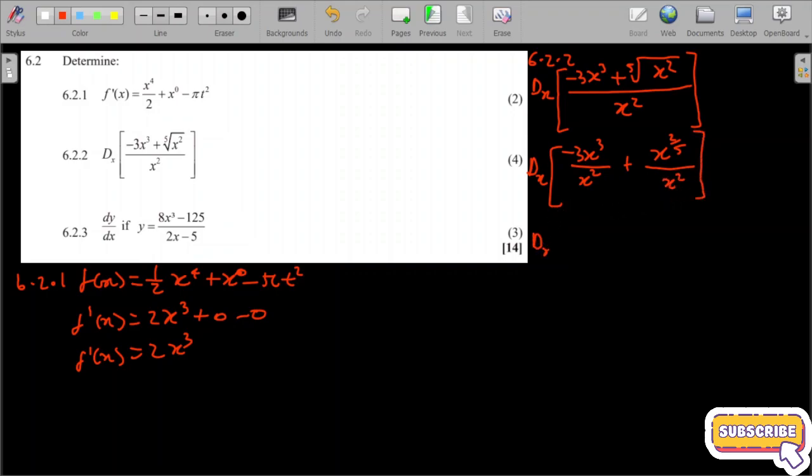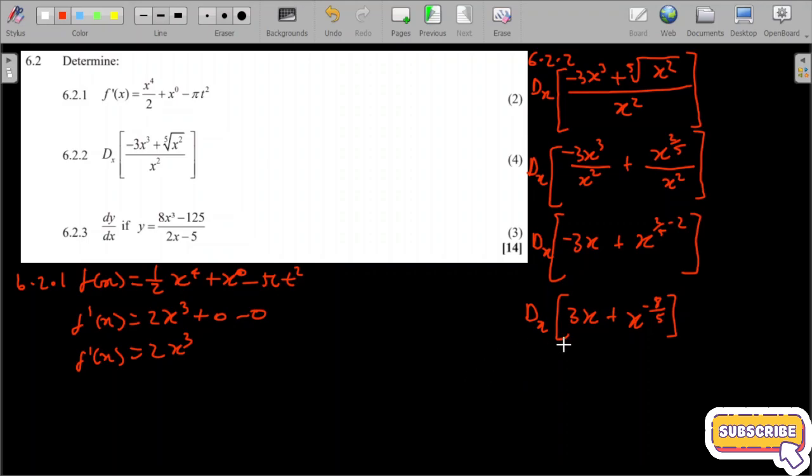Then from here, my derivative is going to use the exponent rule where this x cubed is going to subtract the 2 of this, so you're going to be left with negative 3x. Then from here it's going to be plus x to the 2 over 5 minus 2 in terms of the power rule of the exponent, and then it's going to be negative 3x plus x to the negative 8 over 5.